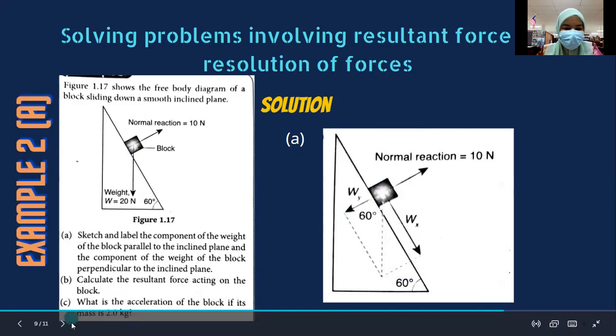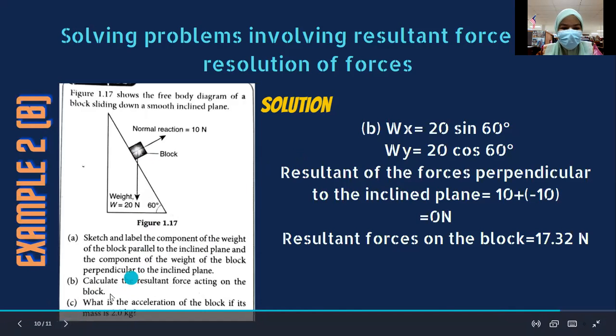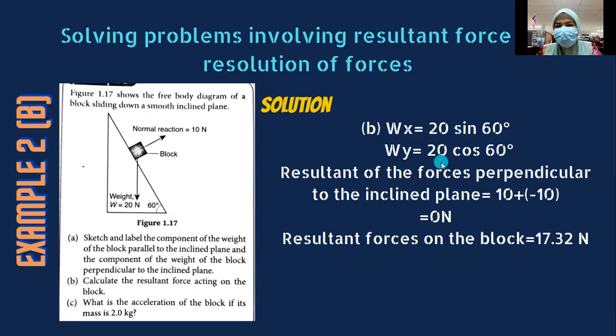Then you need to solve question number B: calculate the resultant force acting on the block. How to find the resultant force? First you need to resolve the weight into Y and also X components. Resultant force perpendicular to the inclined plane is equal to 10 minus 10 is equal to 0 Newton.